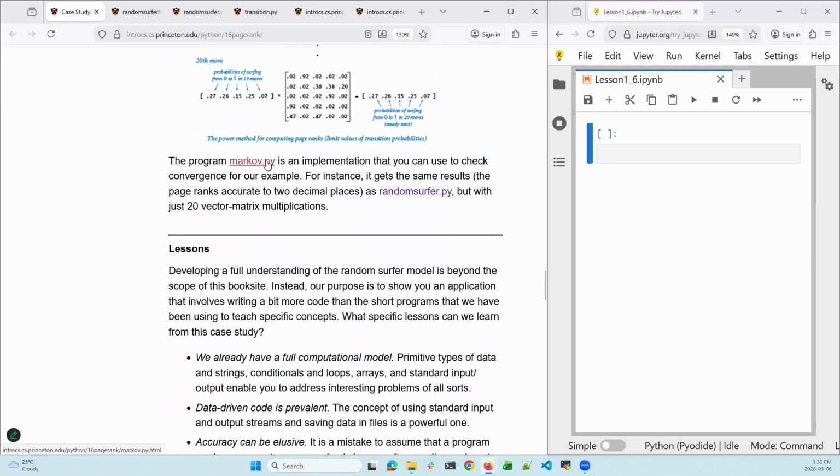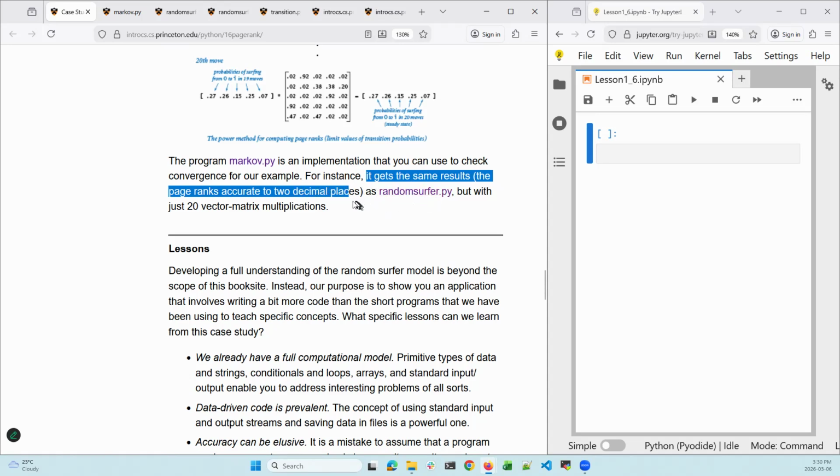Program Markov.py, let's have a look, is an implementation that you can use to check convergence for our example. For instance, it gets the same results, the page ranks accurate to 2 decimal places, as shown here, but with just 20 vector-matrix multiplications.